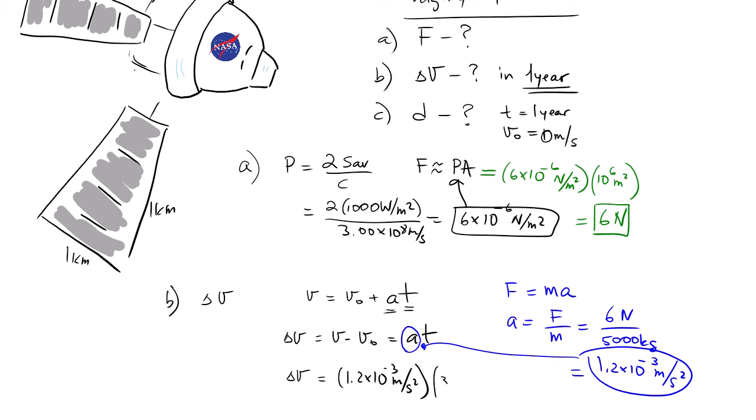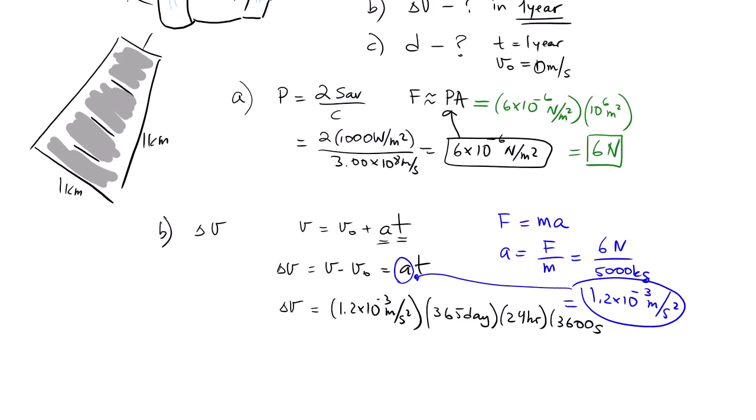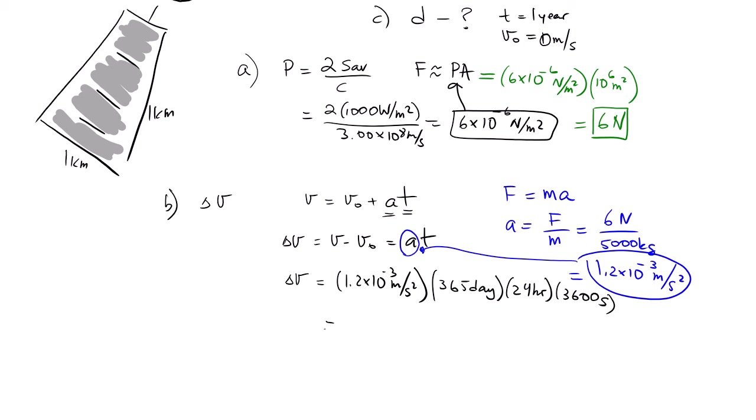So 1 year is 365 days, and 1 day is 24 hours, and 1 hour is 3,600 seconds. So punching this into the calculator, we get approximately 4 times 10 to the 4 meters per second, or that could be approximated as 150,000 kilometers per hour.